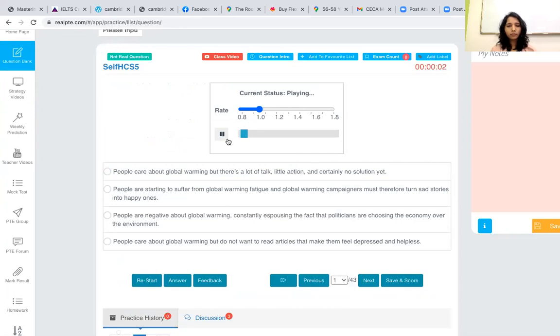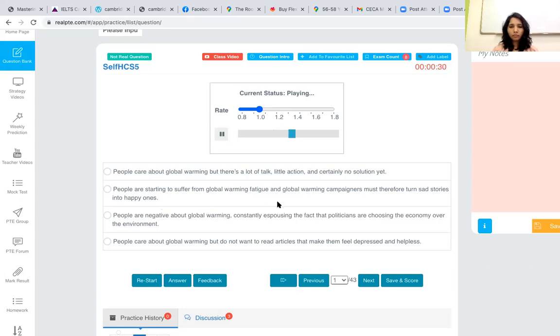It seems as though people are starting to suffer from global warming fatigue. In other words, they're tired of hearing about how our climate's changing for the worse and how we're destroying the planet with pollution. People do care, but there's a lot of talk, little action, and certainly no solution yet. The stories people see in newspapers focus on the negative. They talk about how politicians are choosing the economy over the environment, especially in these difficult economic times.